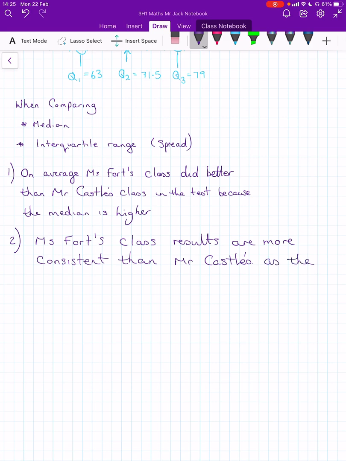And then we can say as the IQR, the interquartile range, is smaller.